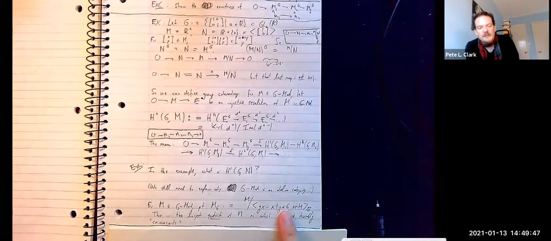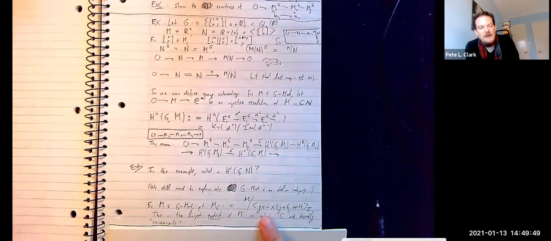In any invariant quotient, gx has to be equal to x. If the action of g is trivial, then gx equals x. That's what triviality means. And so if we want that to happen in the quotient, then we should mod out by the corresponding relations.